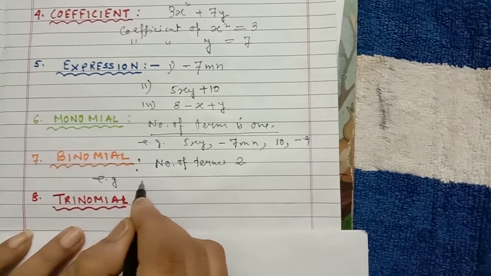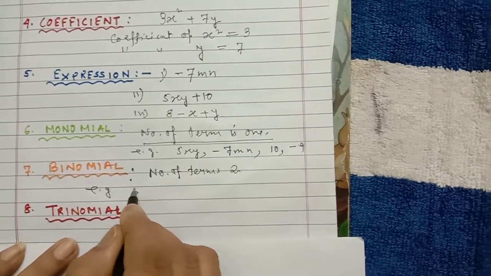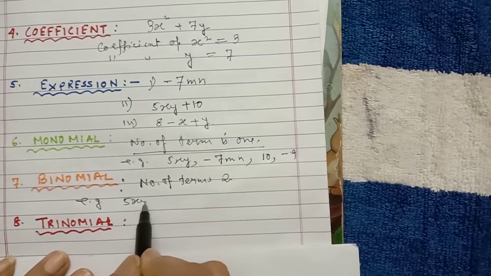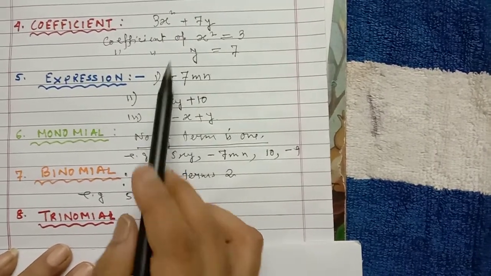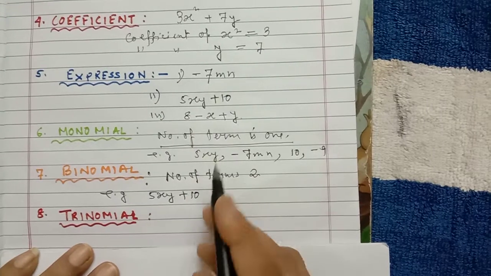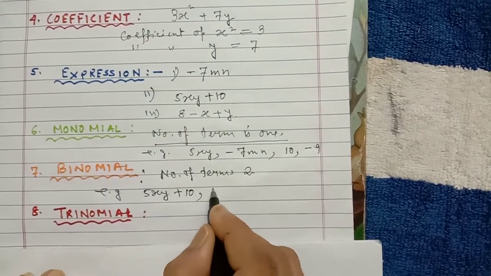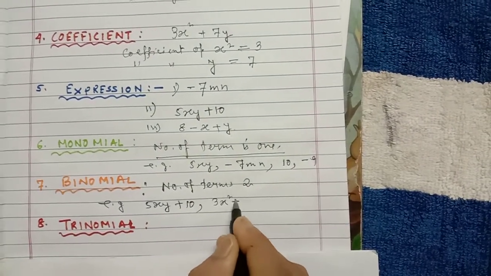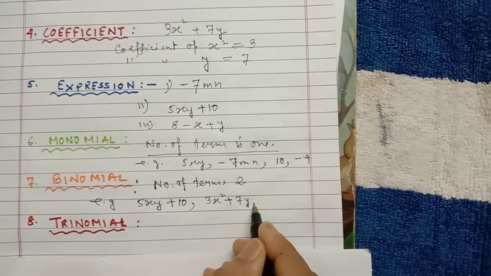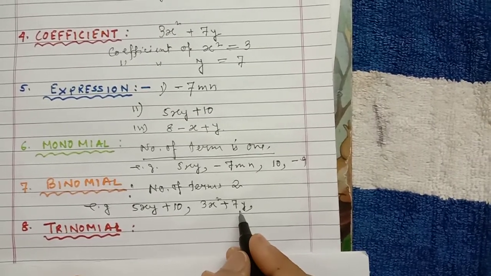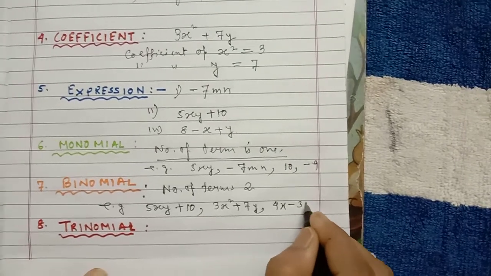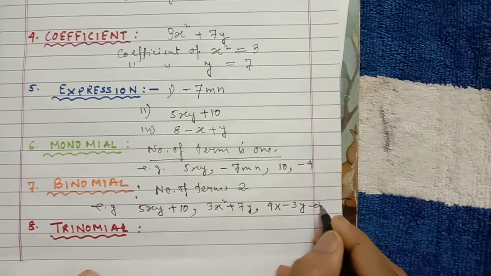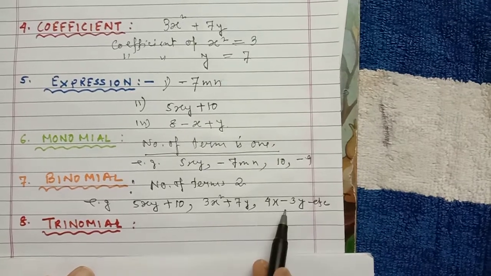You can also give your own example. Say 5xy plus 10 is an example of binomial. Here I have given 3x square plus 7y. This is also an example of binomial. And 4x minus 3y. These are examples of binomial.